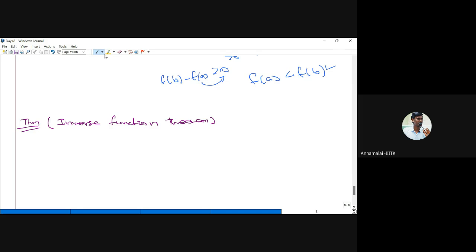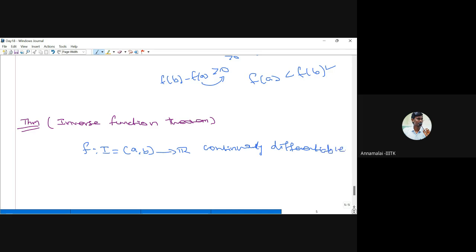So what the theorem says: suppose f is a function from I to R, where I is an open interval a, b, and f is continuously differentiable. Continuously differentiable means what? f is differentiable, the derivative f dash exists, and f dash is also continuous.